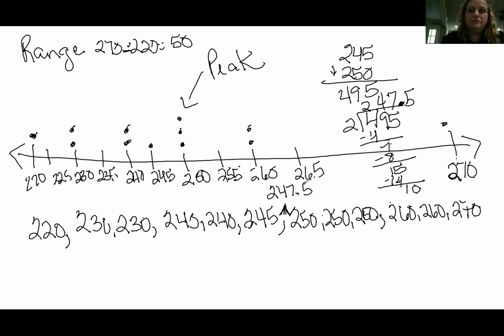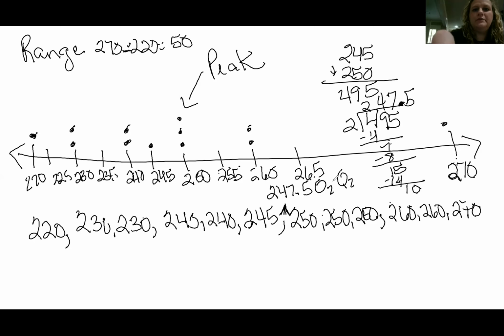Okay. Now that's my second quartile, and that can be written as Q2, Q and the little number 2. It could be a Roman numeral 2, but we're going to do it with just a 2.